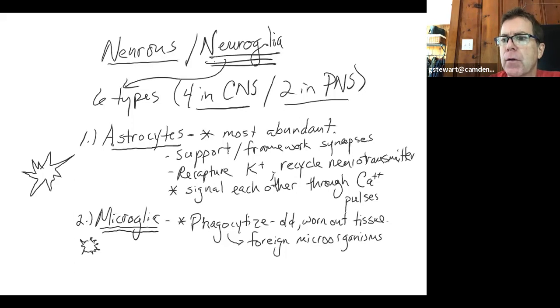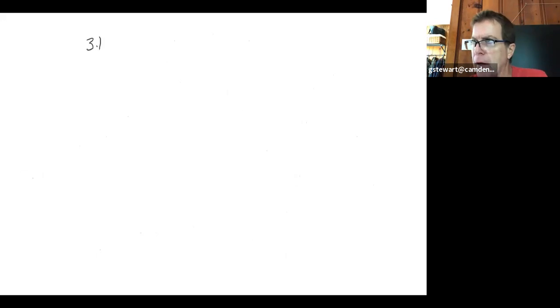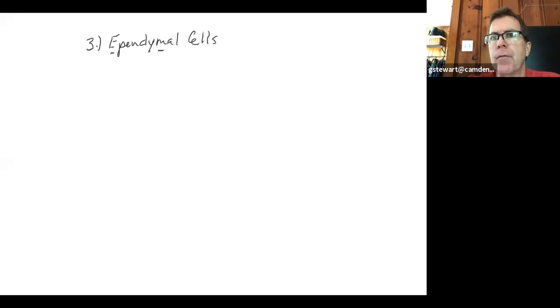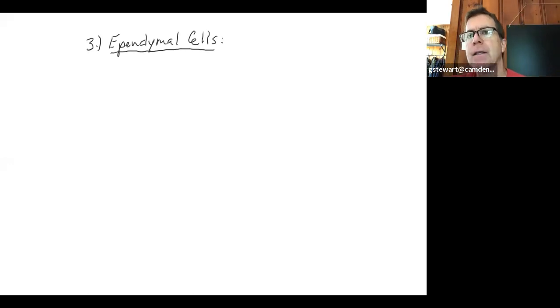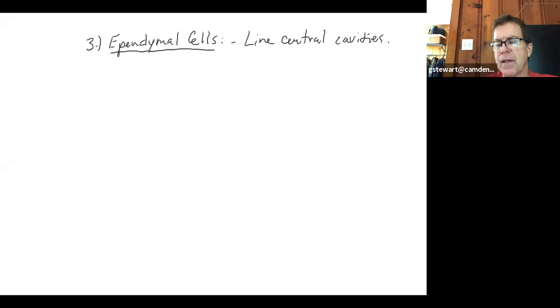I'm just going to layer over this one, go to number 3. Still talking about neuroglial cells in the central nervous system. Ependymal cells. Some people say ependymal. I learned to say it as ependymal cells. These line the central cavities of the CNS, of the brain and the spinal cord.